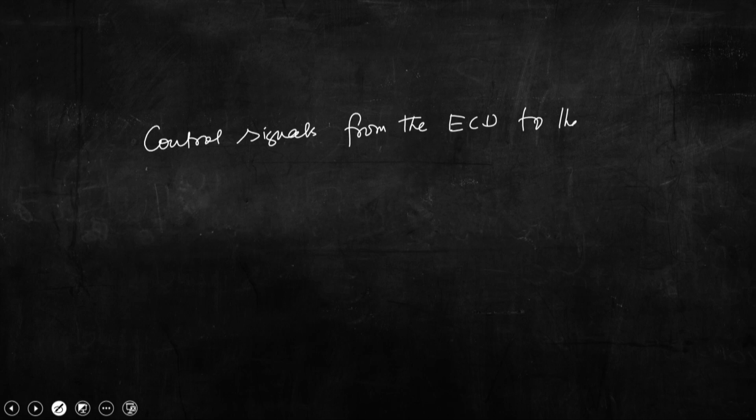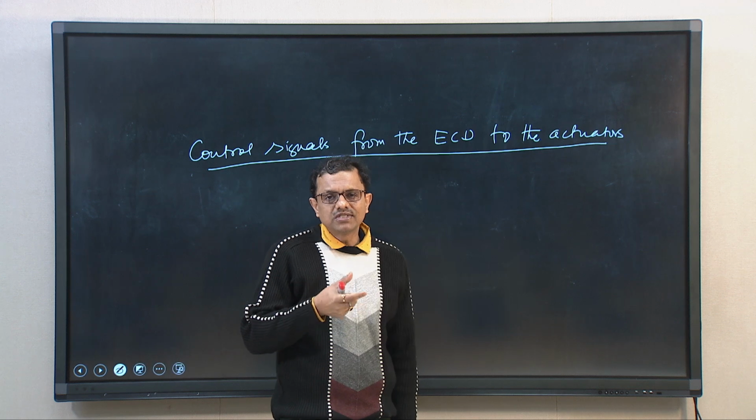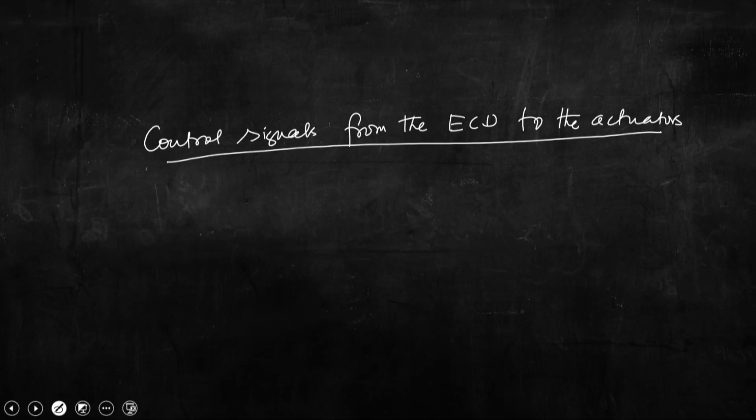So, if I write that control signals from the ECU to the actuators, right, control signals from the ECU to the actuators. That means, these are the signals or output signals from the ECU, right.